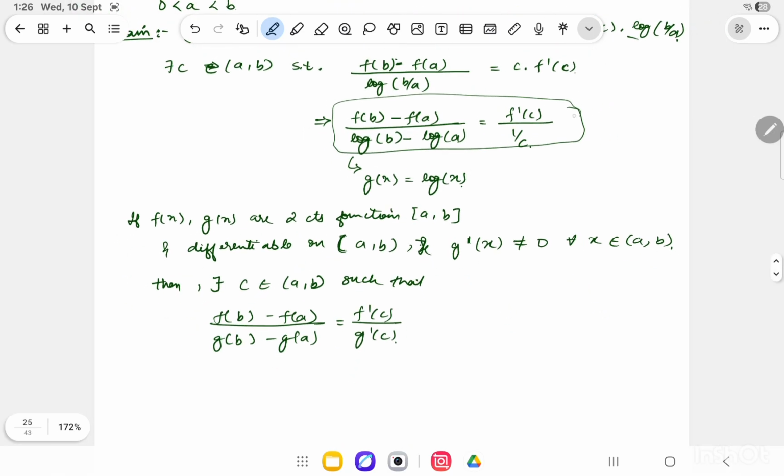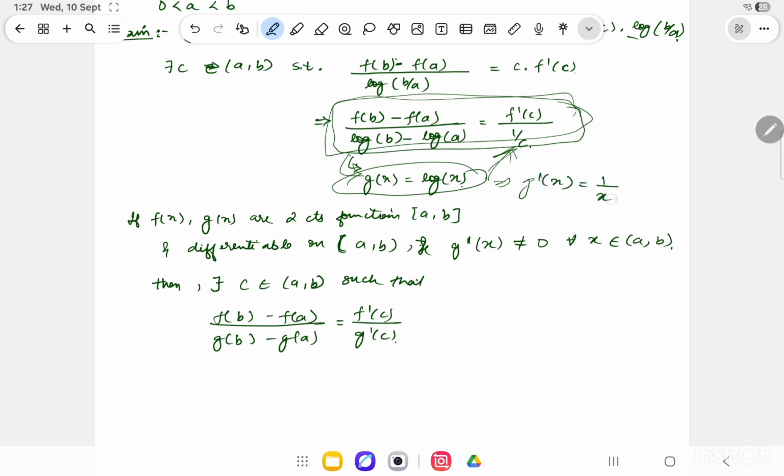So to prove this, I can assume my function g(x) to be log x, then I can get this, because the derivative of g, g dash x, will be basically 1 by x.